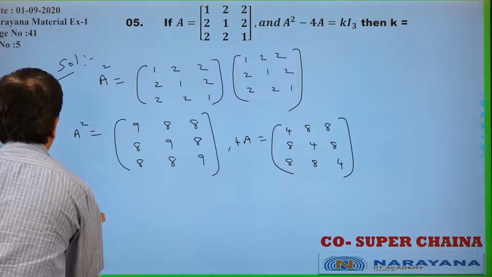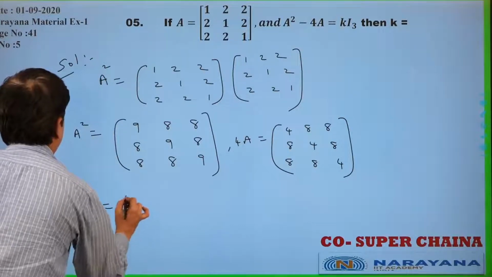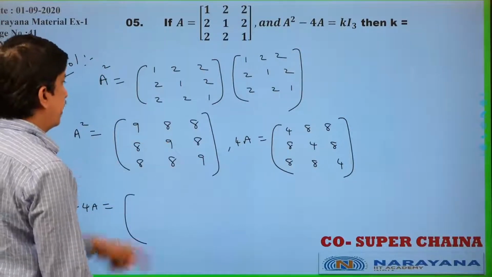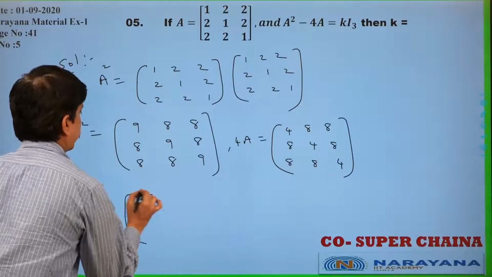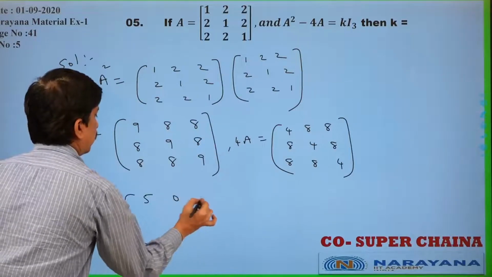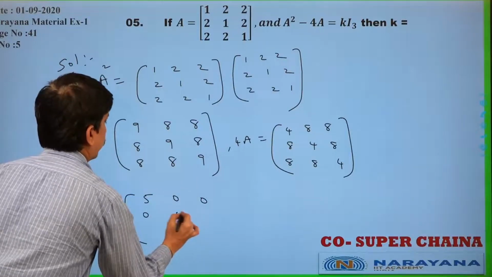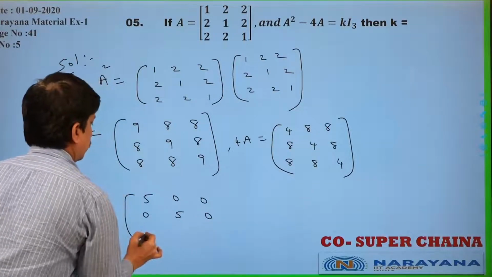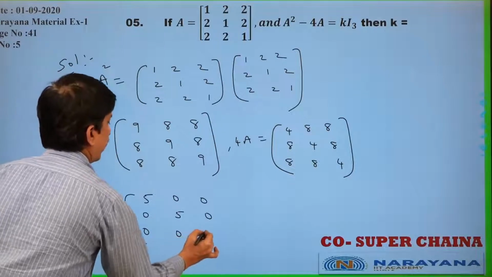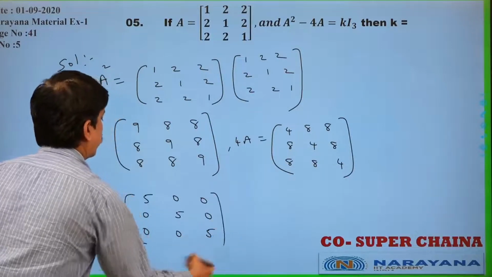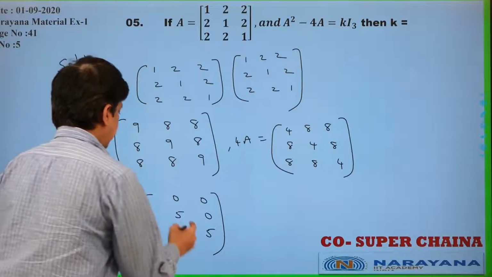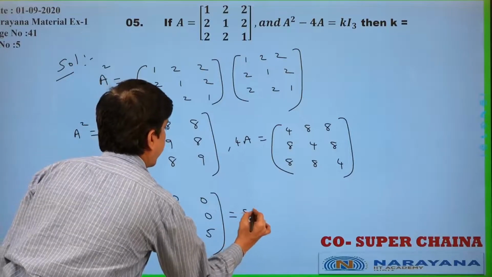A square minus 4A is equal to 9 minus 4, 5; 8 minus 8, 0; 8 minus 8, 0; 9 minus 4, 5; 8 minus 8, 0; 0, 0. 9 minus 4 is 5 only. I got nothing but 5 common.